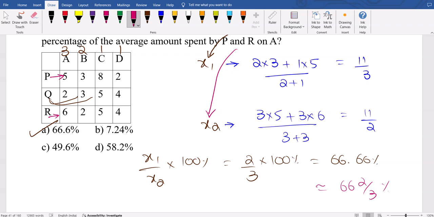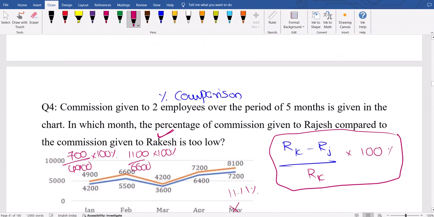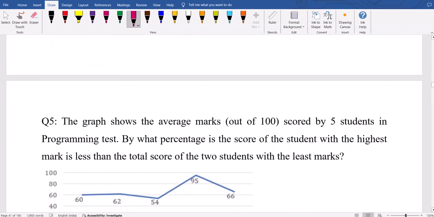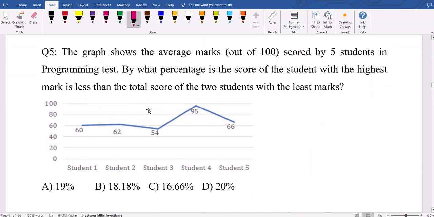See the next one. Fifth question, again a line graph.